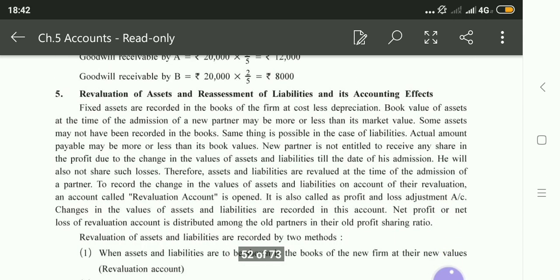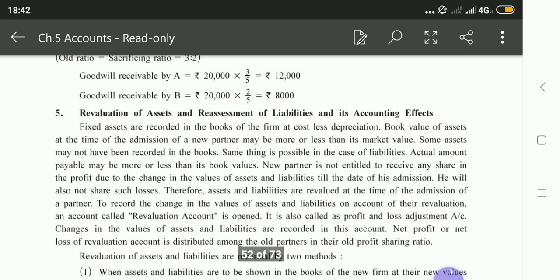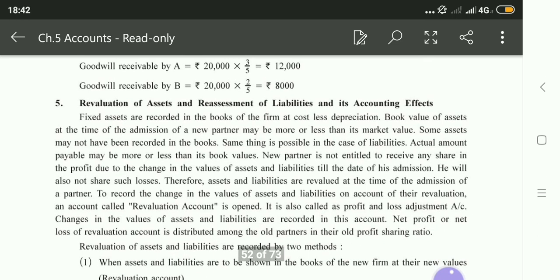You can see here the concept of revaluation of assets and liabilities is also given here, which we have already learned in chapter 4. And it is very important to understand this concept before jumping towards chapter 5. So, if you are not aware regarding the accounting effects of revaluation, you need to go through chapter 4 first and then only you can solve this sum.